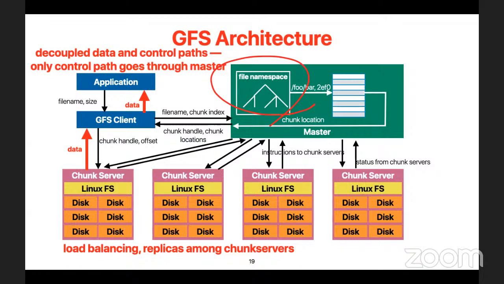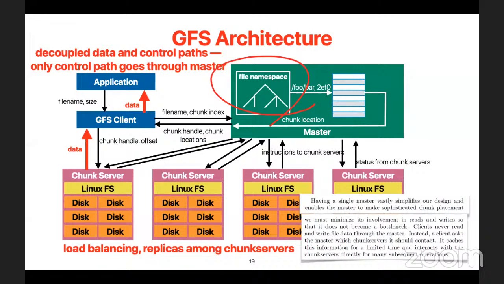That design, decoupling the data path and the control path, offloads the master server because your data doesn't move through it. So the master server doesn't have to be multiple, and you don't have to think about load balancing for the master server. It's all good.